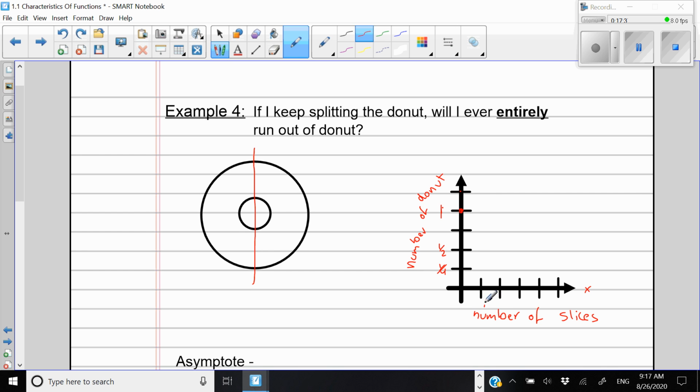This is 1, 2, 3, 4, and 5. At the beginning I have one donut. When I divide that in half, the next time I'm going to have 1/2 of it. So the next point is going to be here.